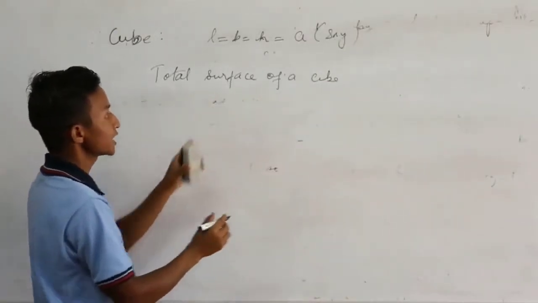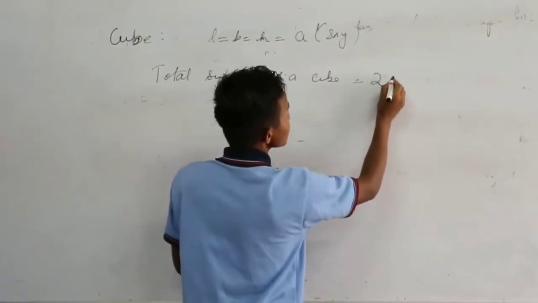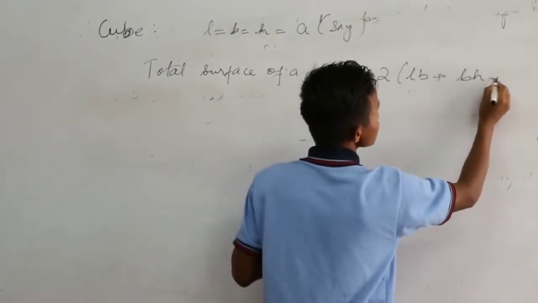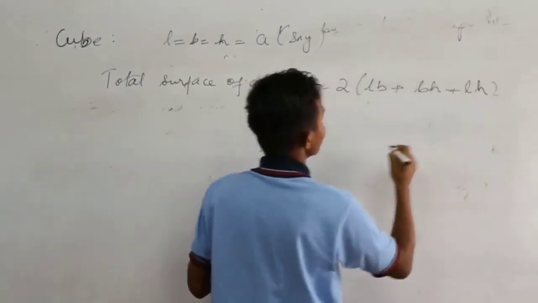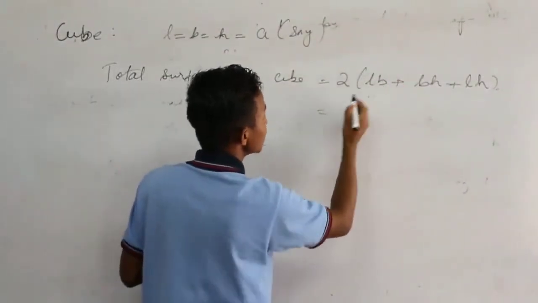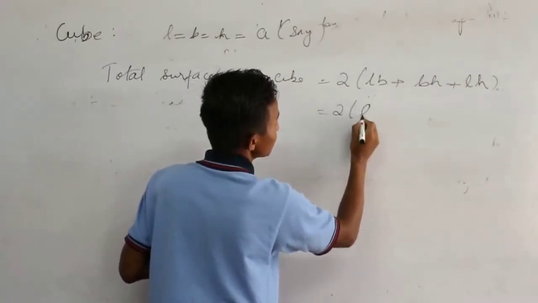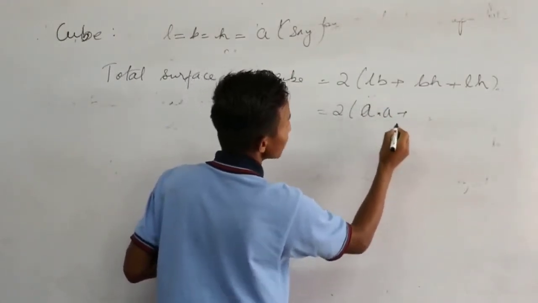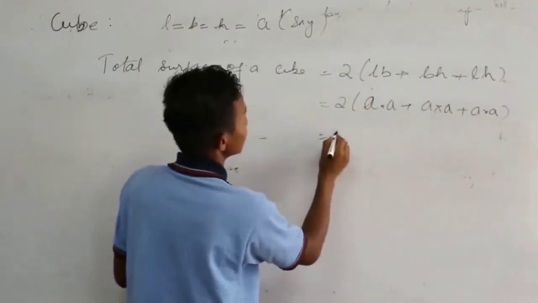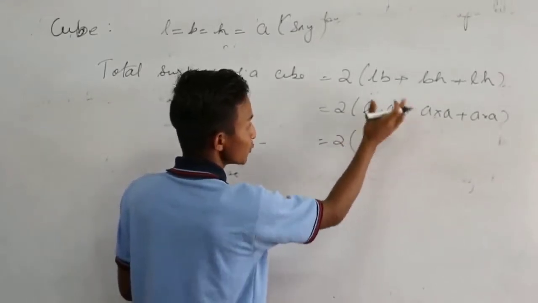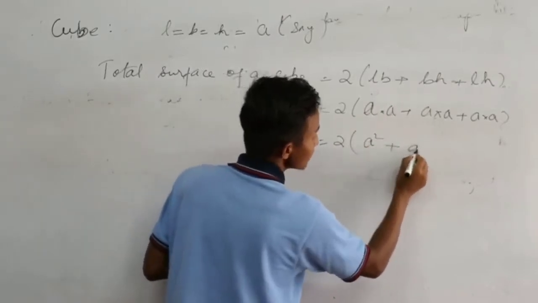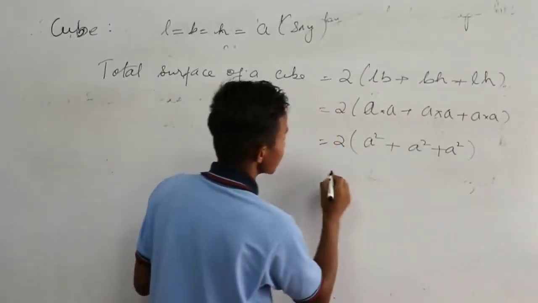So the total surface area is twice length into breadth plus breadth into height plus length into height. But all these quantities are equal to A, so we substitute A for all of them. It becomes A into A plus A into A plus A into A. These are the same quantity, so we get A square plus A square plus A square.